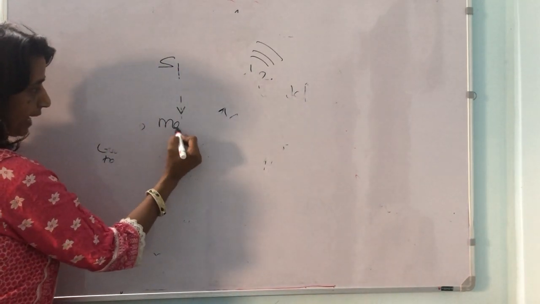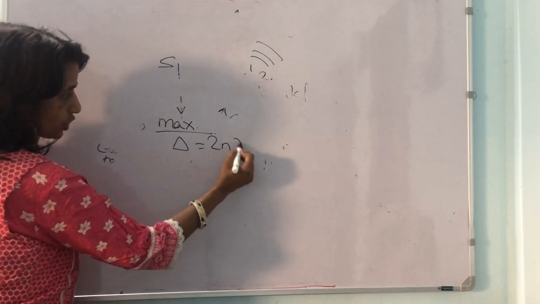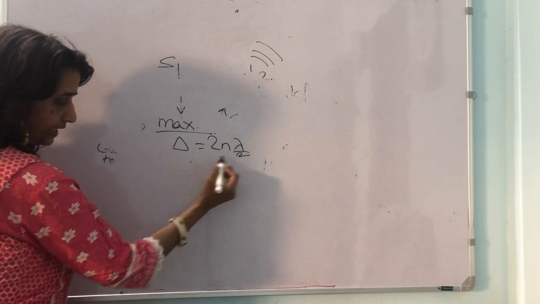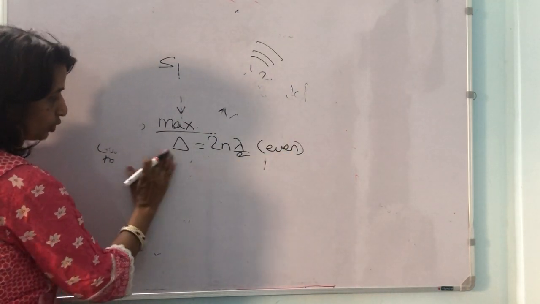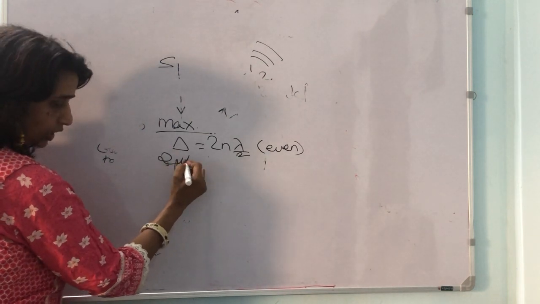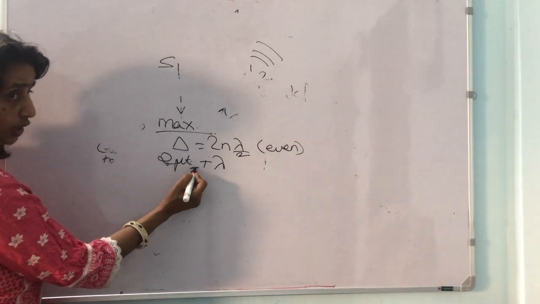So for maxima or constructive interference, the path difference is 2n lambda by 2, that is, an even multiple. In the reflected light case, 2 mu t plus lambda by 2, where has the cos r gone? Cos 0 is equal to 1.